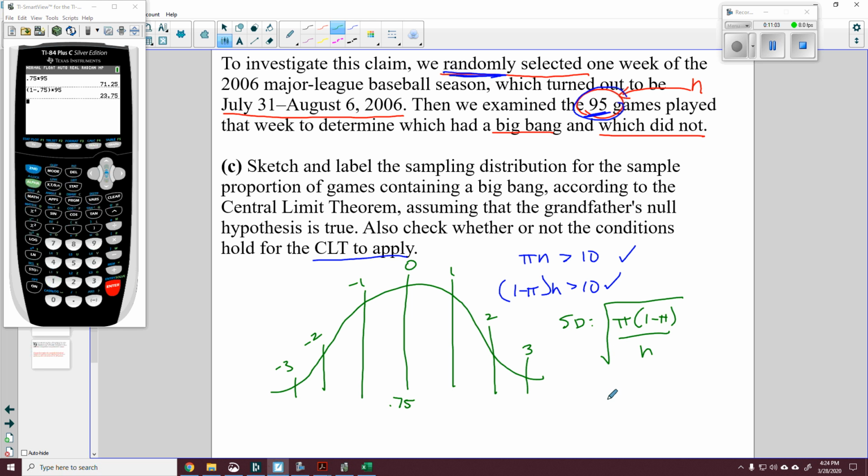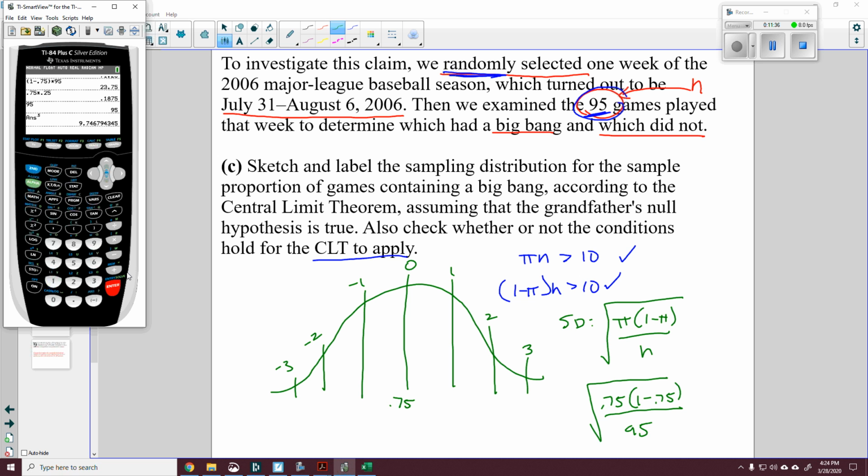So in this particular case, it is the square root of 0.75 times 1 minus 0.75 divided by 95 and taking the square root of that. So if I do that over here on my calculator, I go 0.75 times 0.25. I divide it by 95, and then I take the square root.